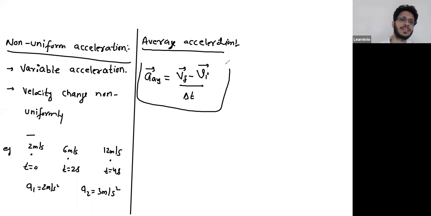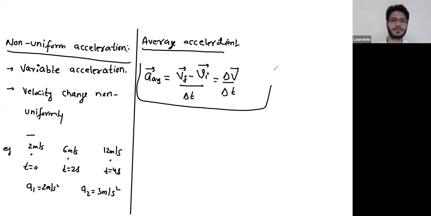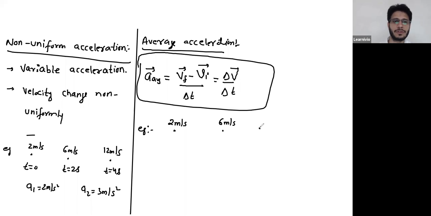For average acceleration, we just need the difference in final and initial velocity, which is delta V over delta T. For example, if I take the same example, it's 2 meter per second, 6 meter per second, 12 meter per second. Time instant is 0, time instant is 2 seconds, time instant is 4 seconds.